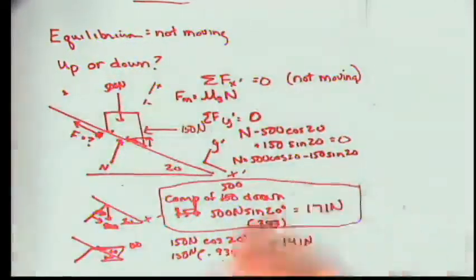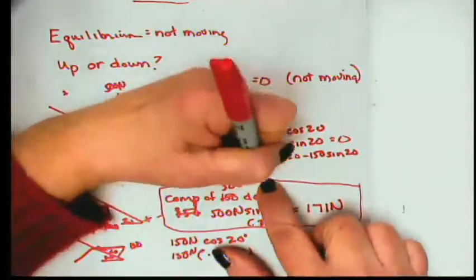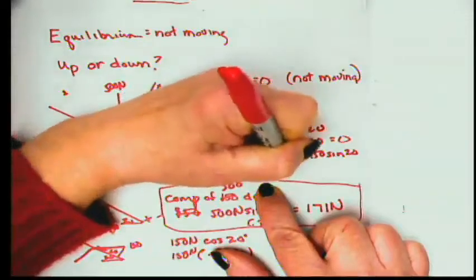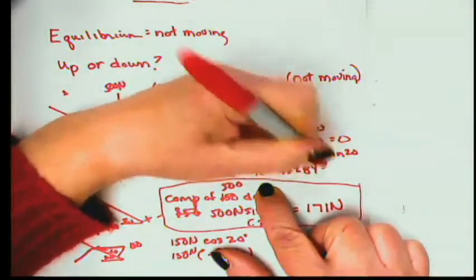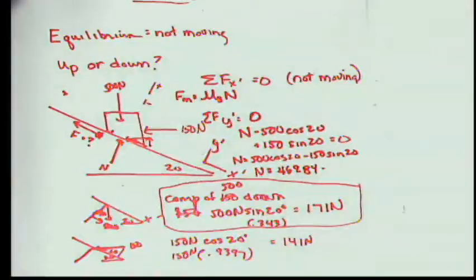All right, so once again, I need to find those values. The cosine of 20 is 0.939. And when I multiply that by 500, I get the normal force is equal to 469.84 minus the 150 times the sine of 20, which is 51.30.